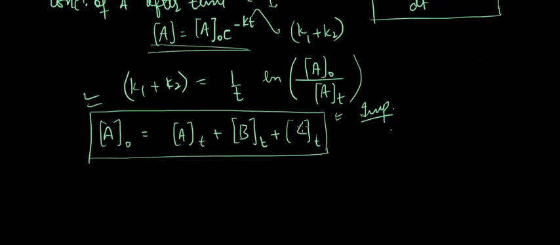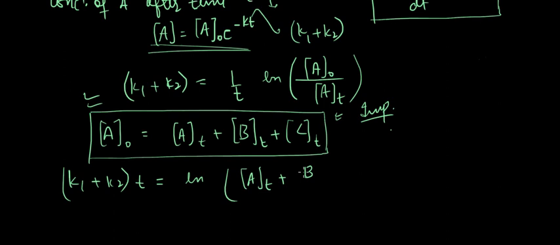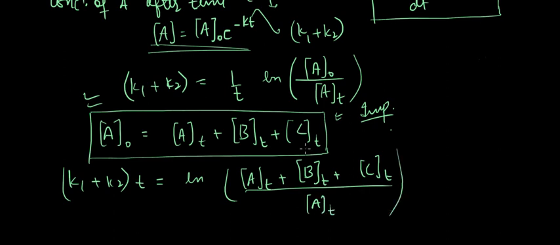Okay, so now we can write from the above equation that K1 plus K2 times t would be equal to ln A naught, which is nothing but At plus Bt plus Ct, divided by concentration of A at time t.